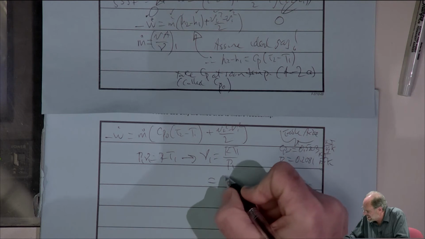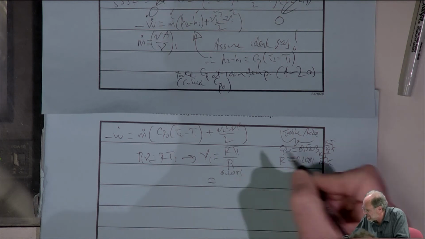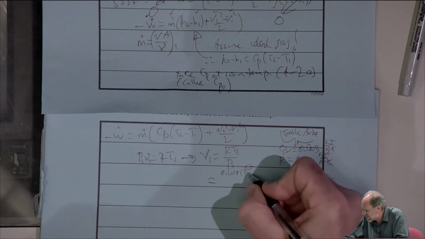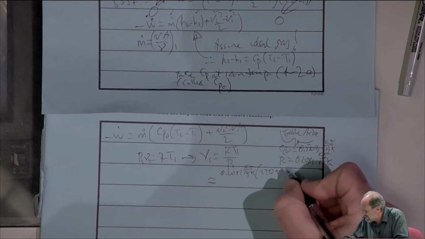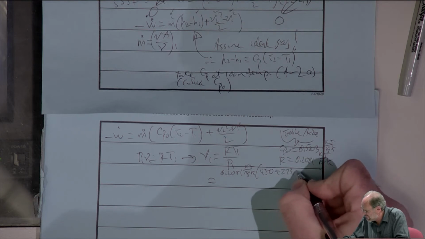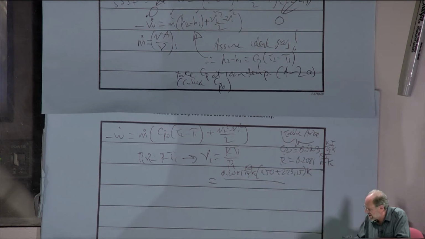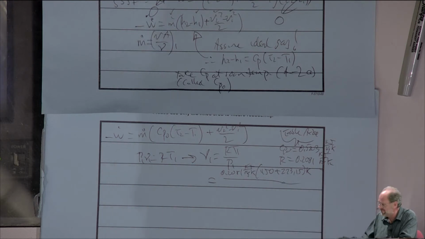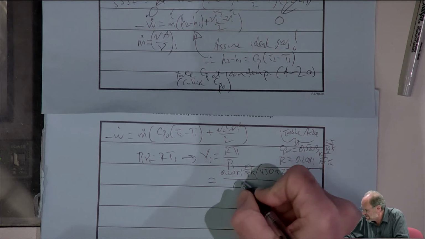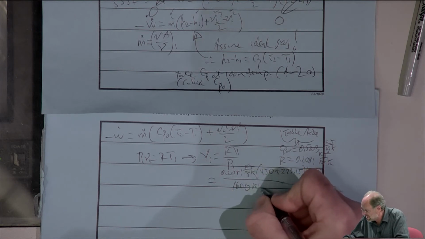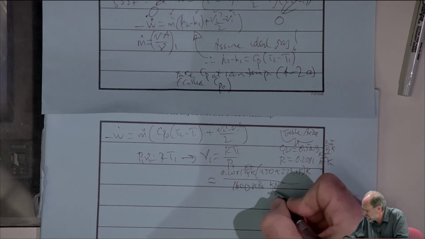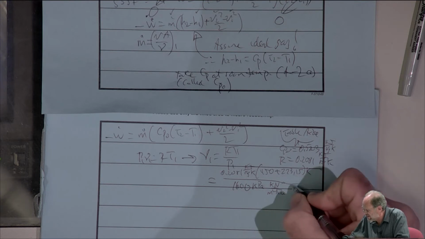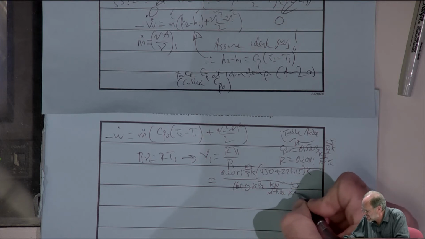Right, so plug in the numbers. 0.2081 kilojoules per kilogram per Kelvin. The temperature at 1 is 450, so we need to add 273.15 to turn Celsius into Kelvin. If you don't use Kelvin, your answer is wrong. We have to divide this by the appropriate pressure, so 1600 kilopascals. We know a kilonewton per square meter is the same thing as a kilopascal, and we know that a kilojoule is a kilonewton meter.